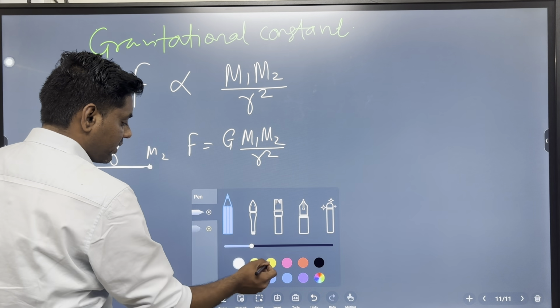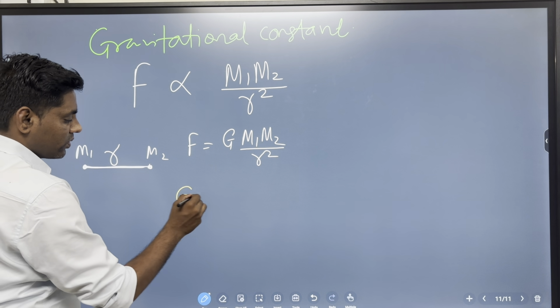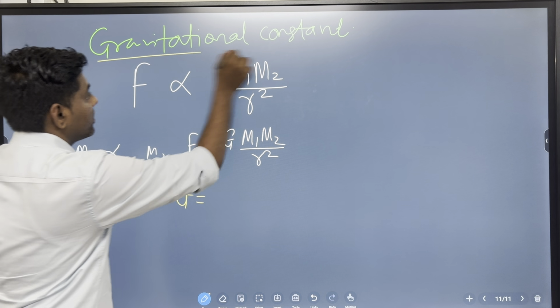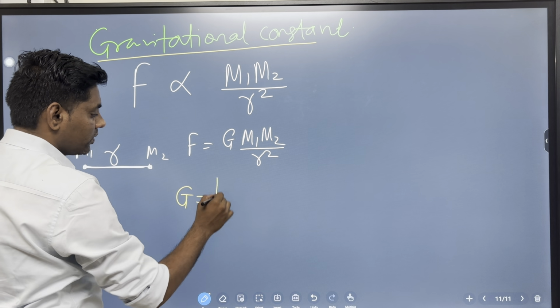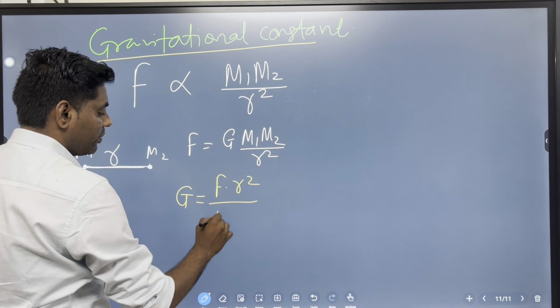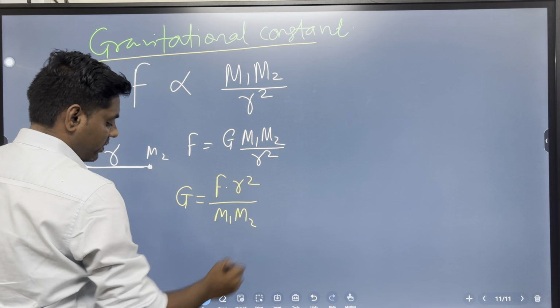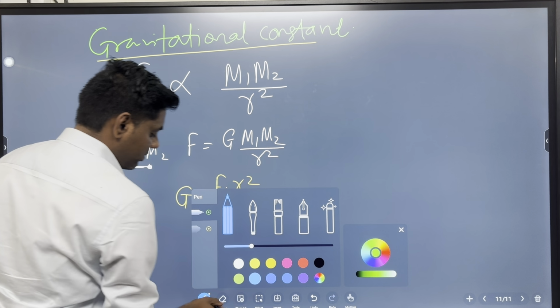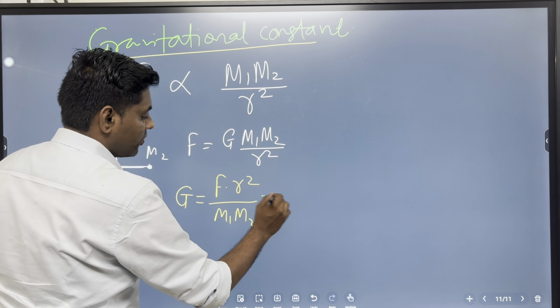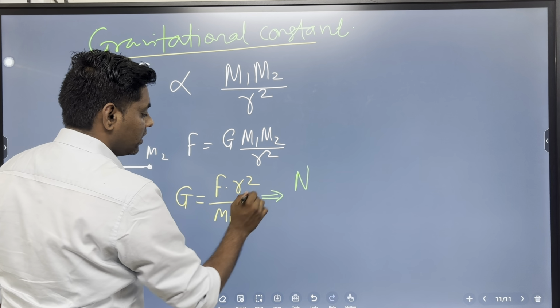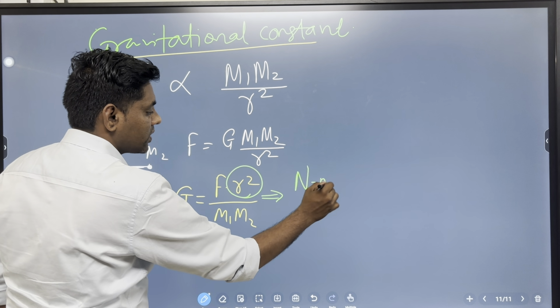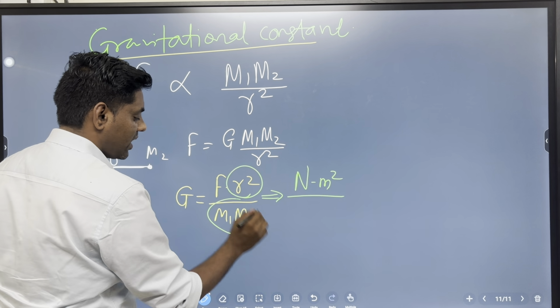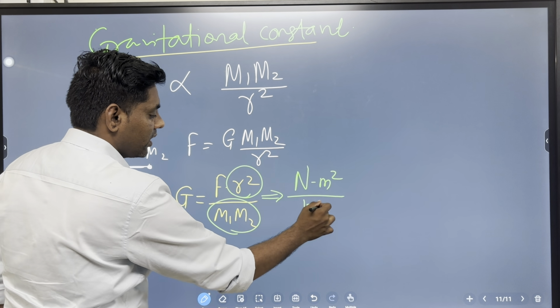From here we can calculate the formula for G, the universal gravitational constant: capital G equals F into r square divided by M1 into M2. As we know, the SI unit of force is Newton, r square means meter square, and divided by mass kg square.